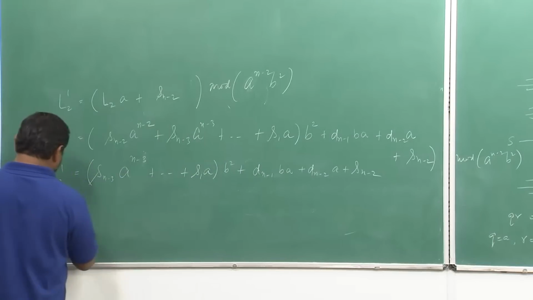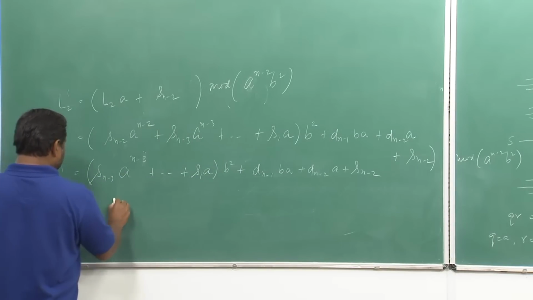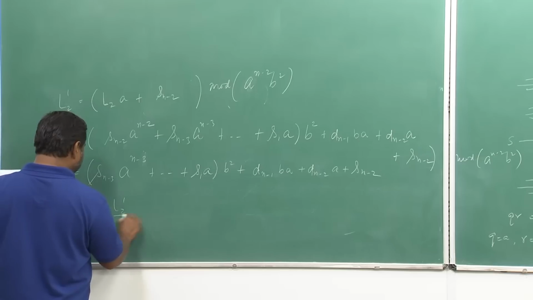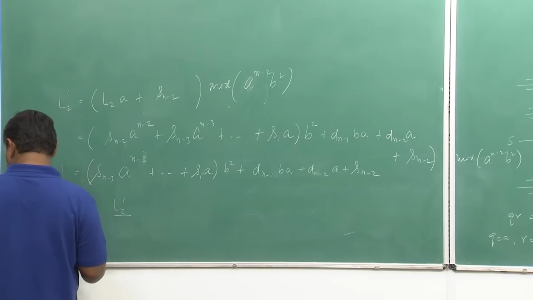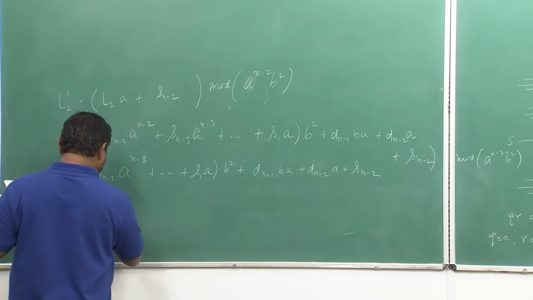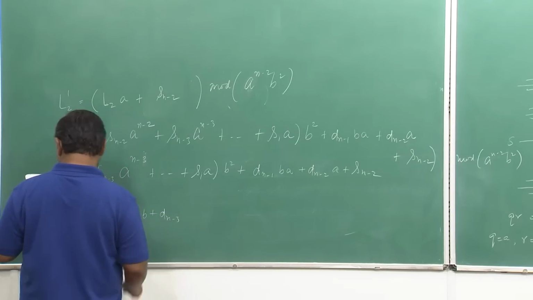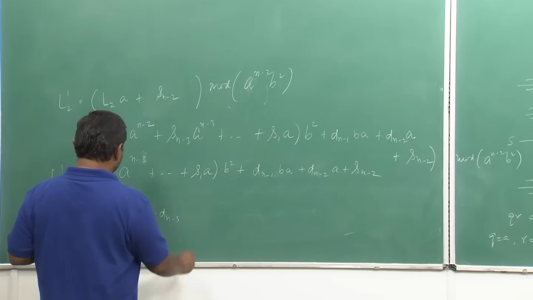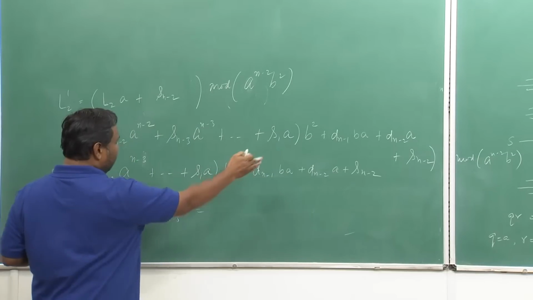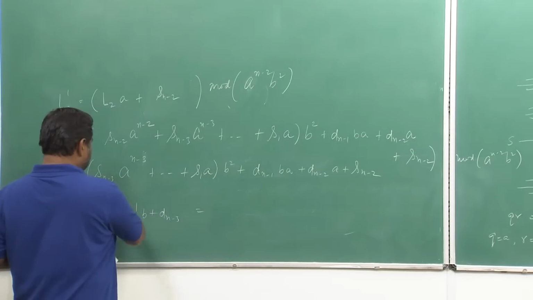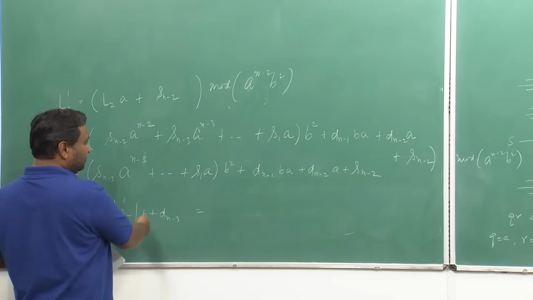So L3 will be now L2 prime divided by A, floor, B plus Dn minus 3. So this will turn out to be, you divide this whole thing by A and then take the floor function.